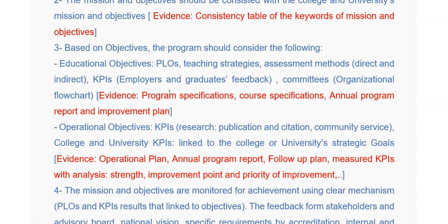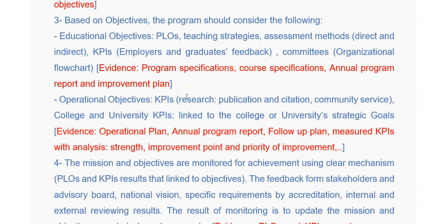And if they are reflected positively, it means you will achieve your educational objectives if you achieved your program learning outcomes and KPIs. In this case, what evidence do you need?